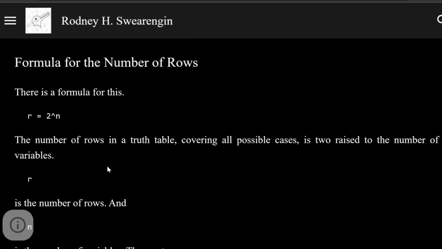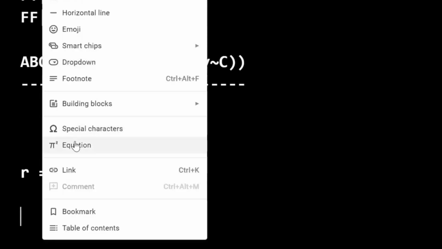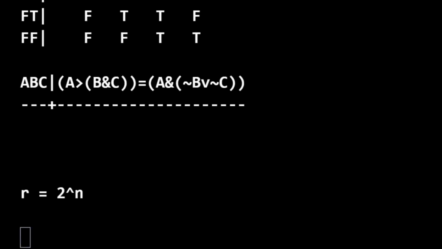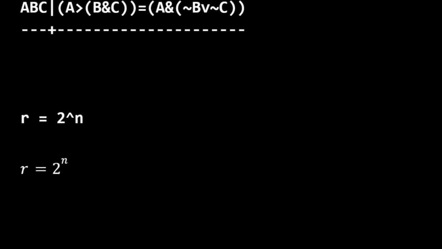And one key factor here is this formula. So we have this formula that tells us that the number of rows is equal to 2 to the power of n, where n is the number of variables. And in Google Docs here, we have an equation editor. So this is what the formula looks like. So we have r equals 2 to the power of n.